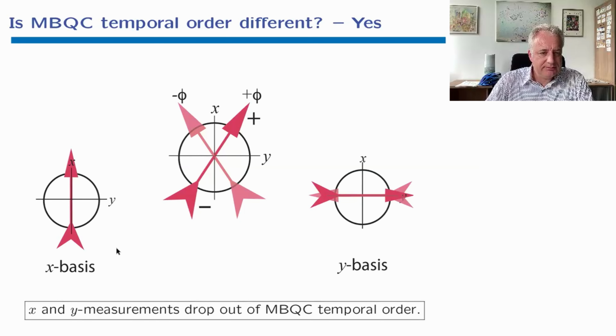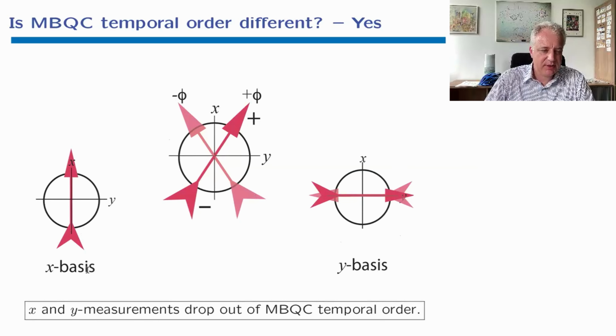Let's begin. This is what the adaptation of measurement bases does. A measurement angle is flipped into minus itself or stays itself, depending on what the byproduct operator says. That is the general procedure, and now we find that there are two bases, namely the x basis and the y basis, that are invariant under that flip.